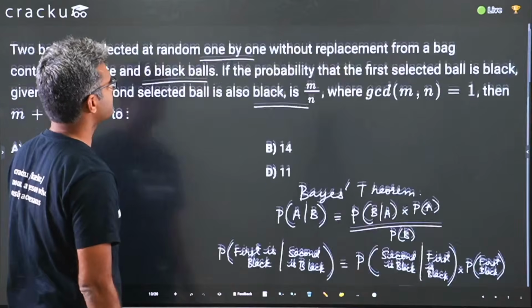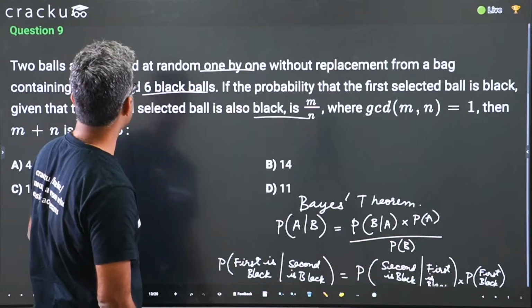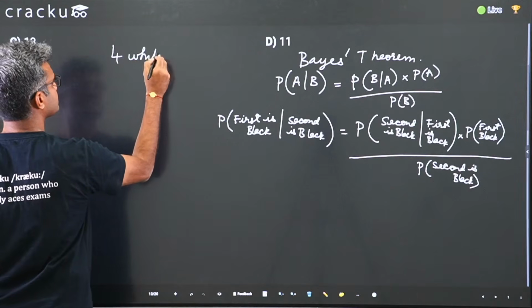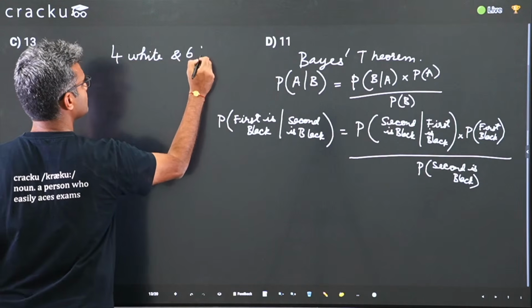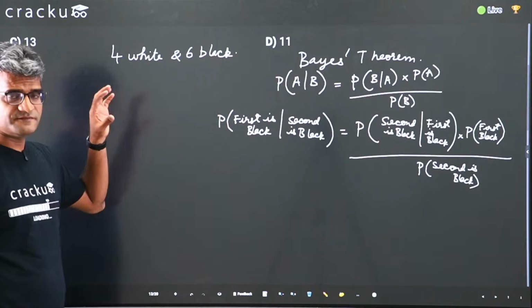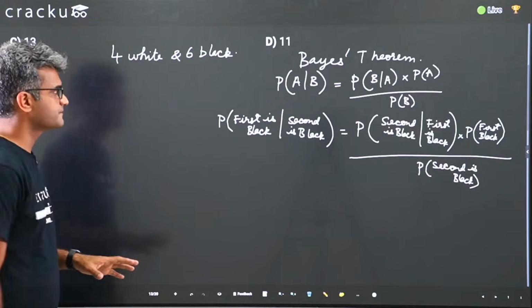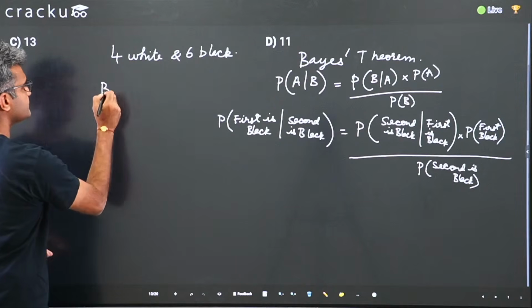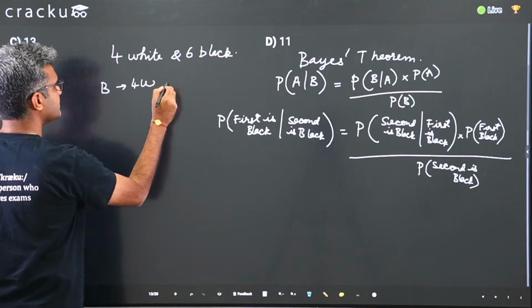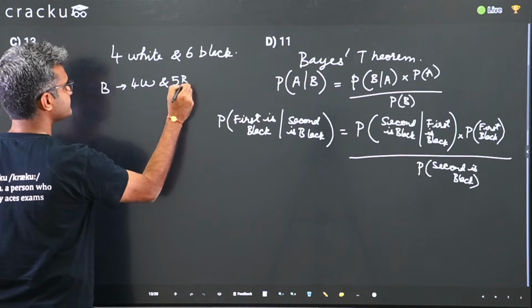If you are looking at it from the basics, we have a lot which contains 4 white and 6 black balls. Now suppose the first ball is black. How many balls are remaining? We have 4 white and 5 black balls.